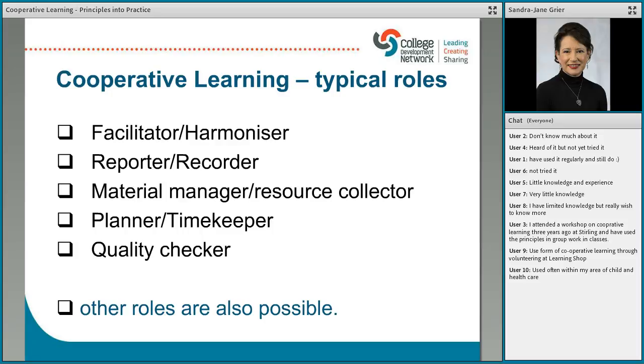Well, the roles make group work more efficient. And I mentioned earlier on, this is highly structured group work. This is not just group work where everybody goes away, does their own thing, and hopes that everything will work out well in the end and they'll end up with an end product that does what it needs to. The roles make group work more efficient because students with a defined role have better access to the task.